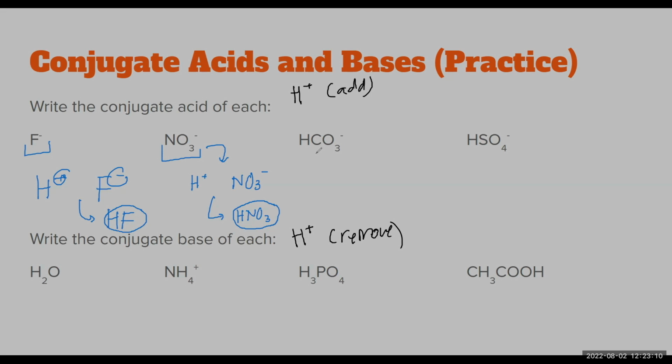This next one is HCO3-. It looks a little bit big. You might think it already has a hydrogen, but you could add another one. So I can do H+ and HCO3-. If I combine them together, I will get H2CO3, and this is going to be our conjugate acid.